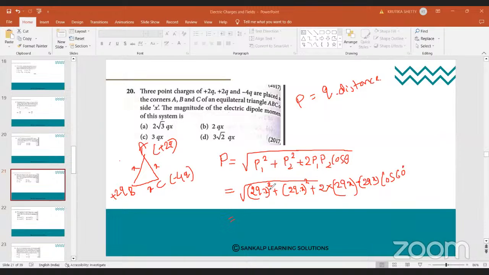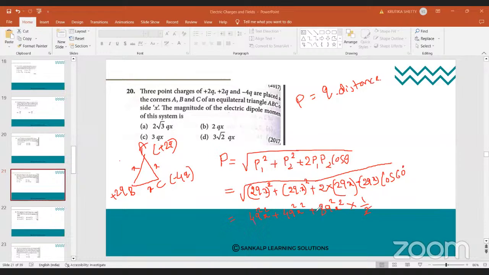See here, what does 2qx whole square become? 2 square is 4, q square x square plus again 4 q square x square plus, this entire thing is under root. See here, 2 into 2 is 4, 4 into 2 is 8, so 8 q square x square. What is cos 60? It is 1 by 2, correct?